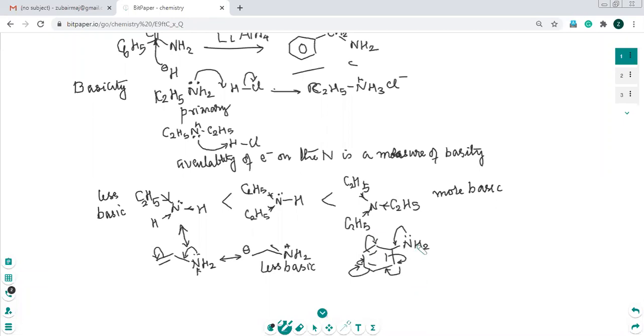So it is reducing the electron density, therefore less basic. So aniline is less basic than triethylamine. Aniline, this is aniline, is less basic than triethylamine. Triethylamine.